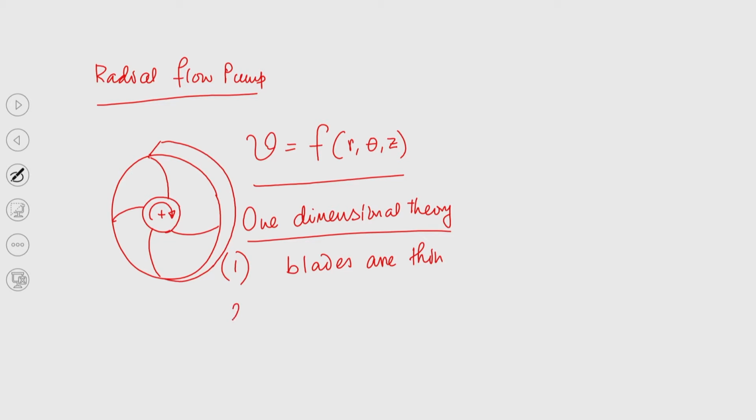Number 2. See, if we really look at this impeller, we will find that this is the part through which fluid will come out. So, this fluid will come out in this direction, right.